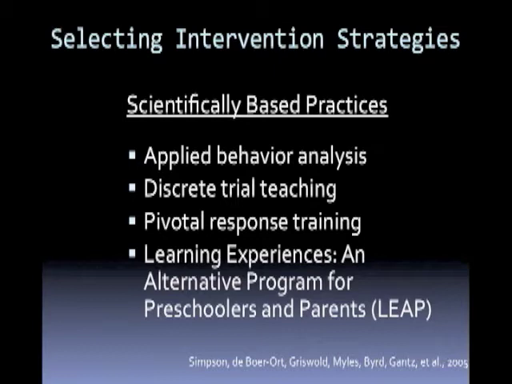And so up until this year, we had, from an article that was put out in 2005, as you can see, these 4 strategies were the only practices that were listed as evidence-based practices for working with individuals with autism. And that was ABA, or Applied Behavior Analysis, Discrete Trial Training, Pivotal Response Training, and LEAP, which is Learning Experiences, an Alternative Program for preschoolers and parents.